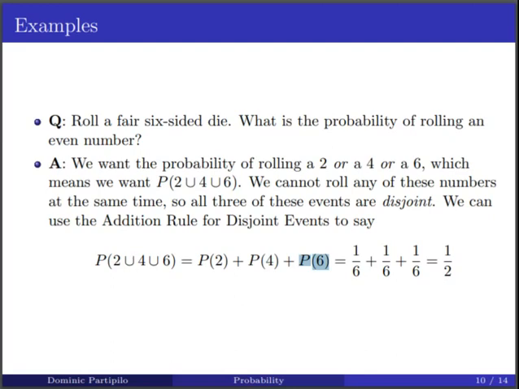And we know that the probability of each of these is 1/6. So this is going to be 1/6 plus 1/6 plus 1/6, which means the probability of rolling an even number is a half, which we kind of felt was going to be the case anyway, but this is how we mathematically show the probability of rolling an even number.